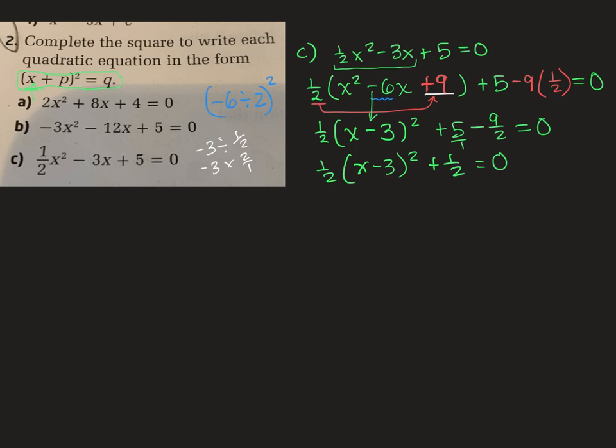So we're almost there. They wanted just (x plus p) squared. So we need to move this 1/2 that's being added to the other side by subtracting. So we'll have 1/2 (x minus 3) squared equals -1/2. And then we are going to divide both sides by 1/2. And we will have (x minus 3) squared equals -1.